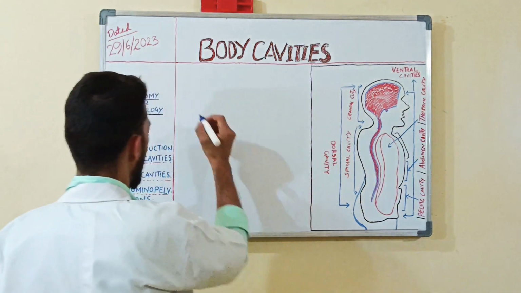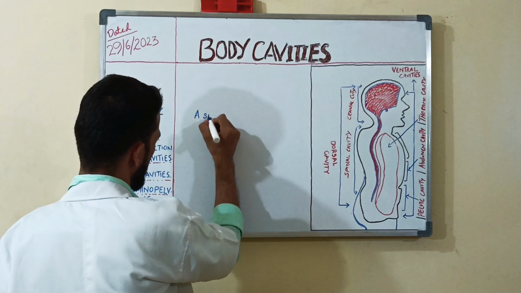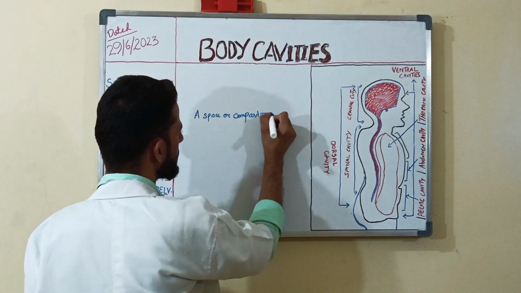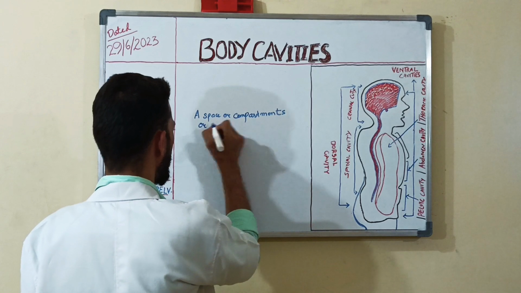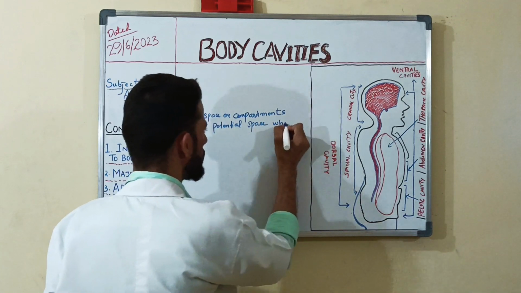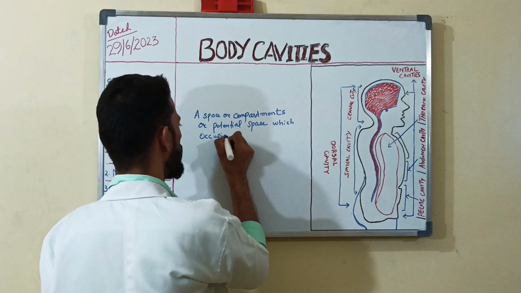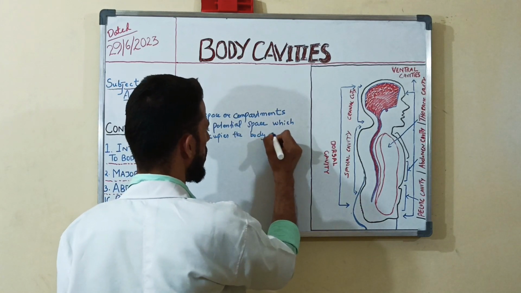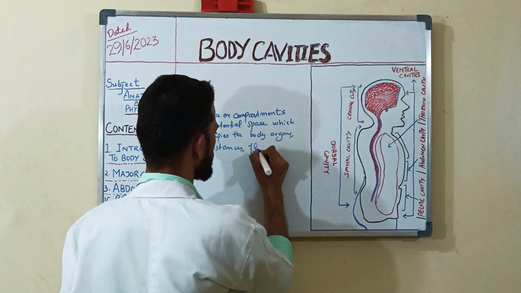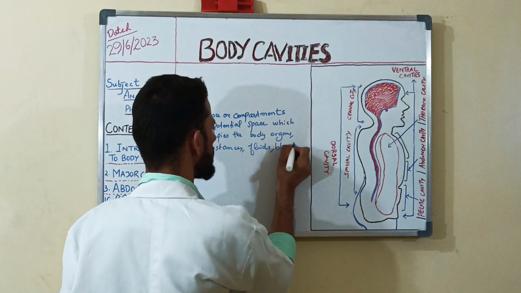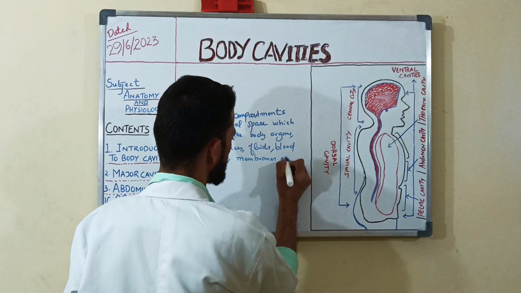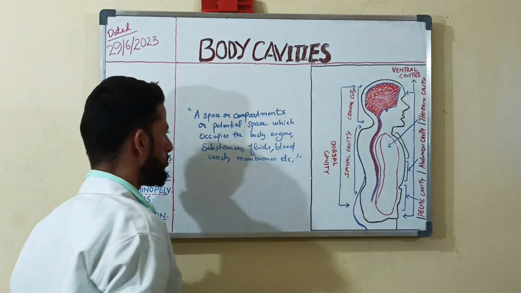Body cavities are defined as a space or compartment or potential space which occupies the body's organs, substances, fluids, blood vessels, membranes, etc. So this is all about the body cavities.